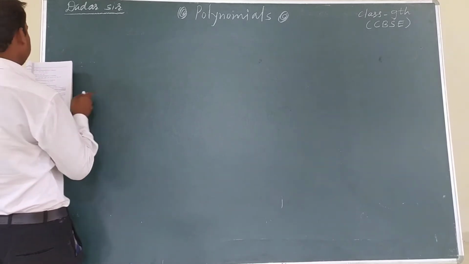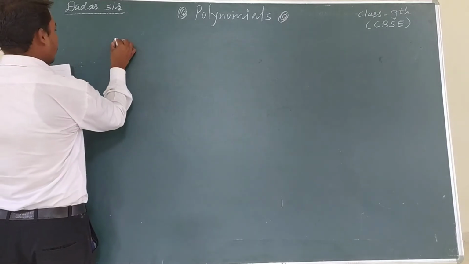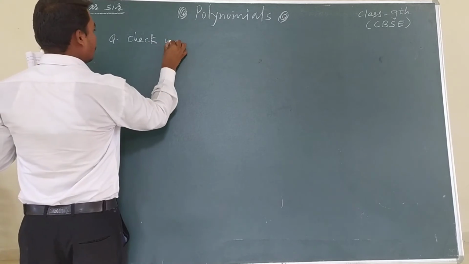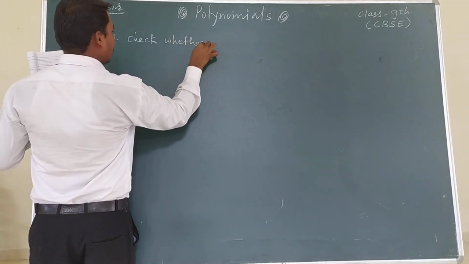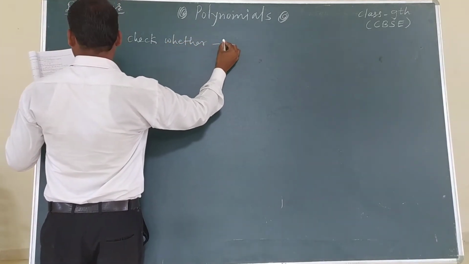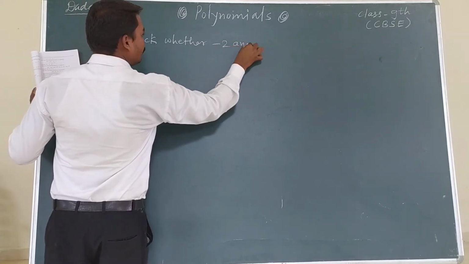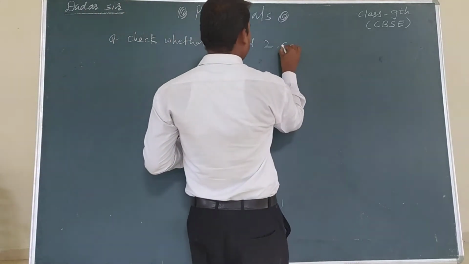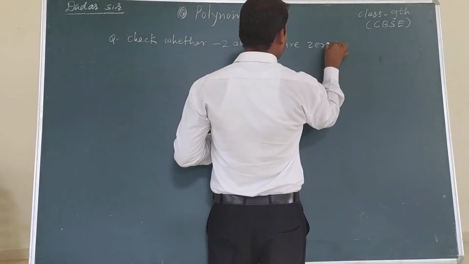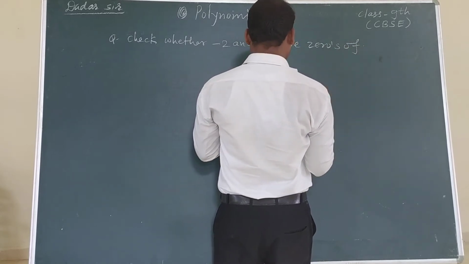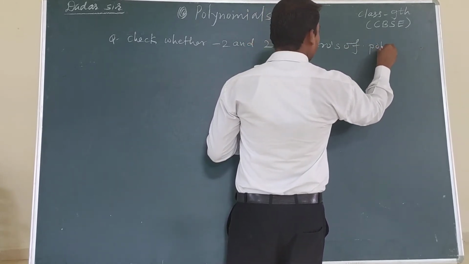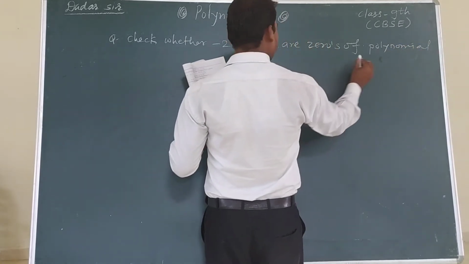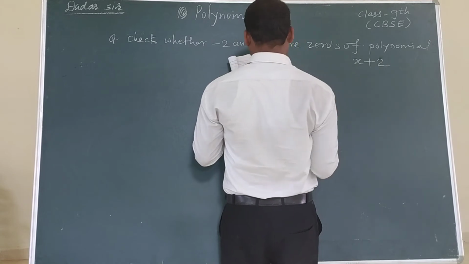Question: check whether minus 2 and plus 2 are zeros of the polynomial x plus 2.